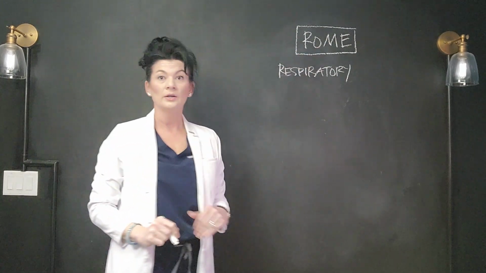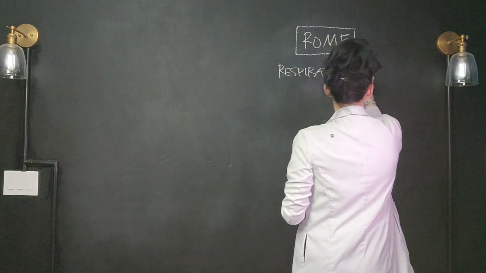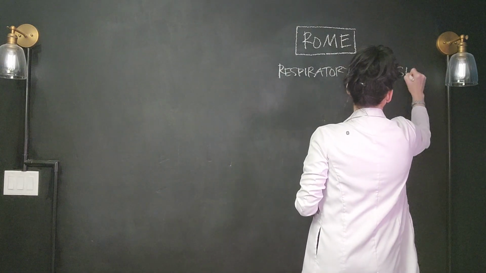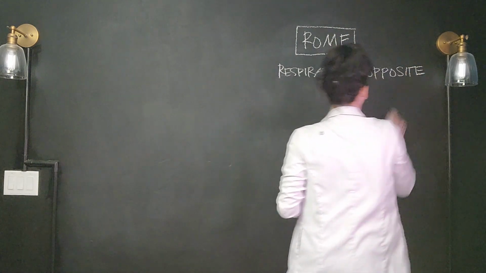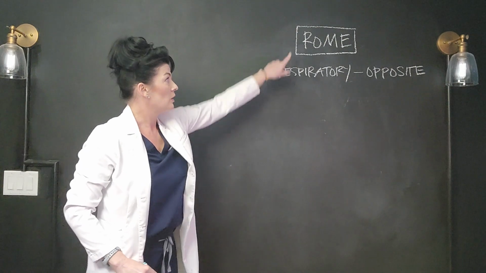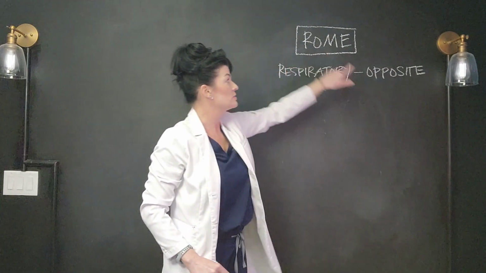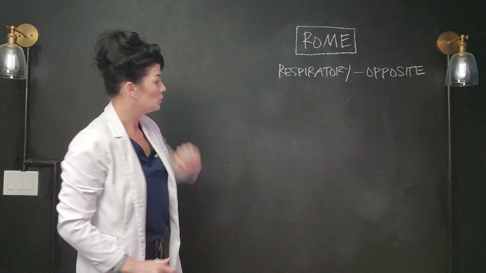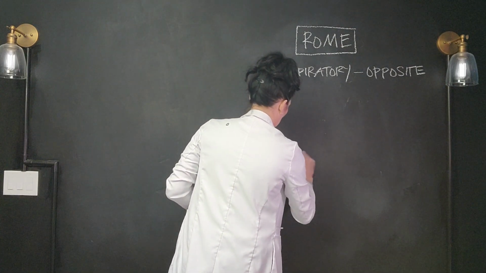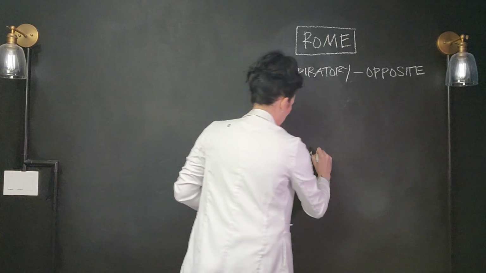Then you can see we've got O. O means opposite. And I will explain what each of these mean as we get farther through it. So the R in Rome is for respiratory, the O is for opposite, okay? Your M is for metabolic.